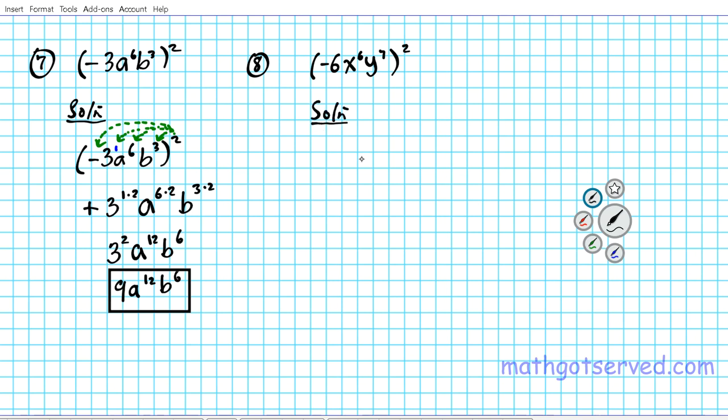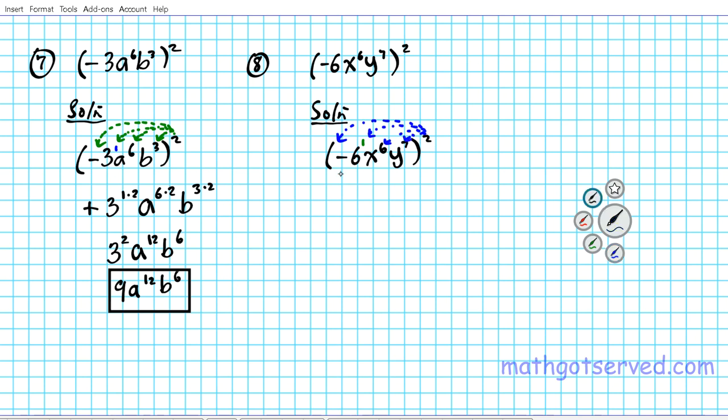So what we're going to do is specify the powers for each term. -6 has the power of 1. Let's distribute the 2nd power to that negative sign, and distribute the 2 to the 1, to the 6, and then the 7.